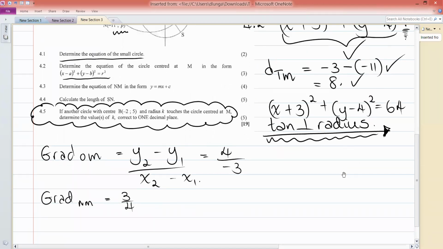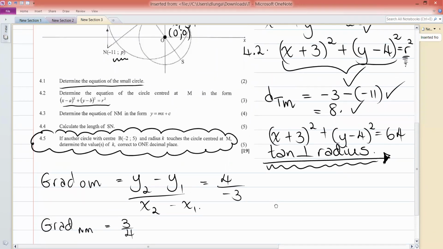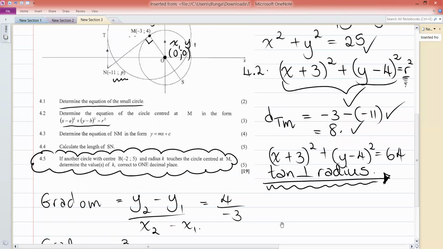Brilliant. Yes, because I really didn't understand the way you found it. Couldn't we have used the origin and M, found that gradient, and then done it like that? Yeah, so that's exactly what I did.